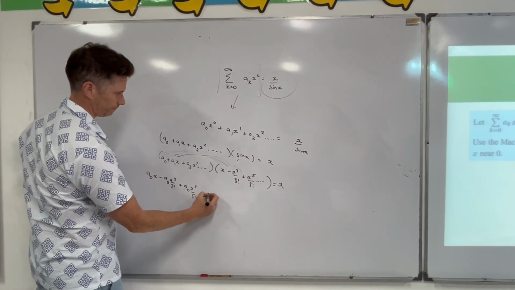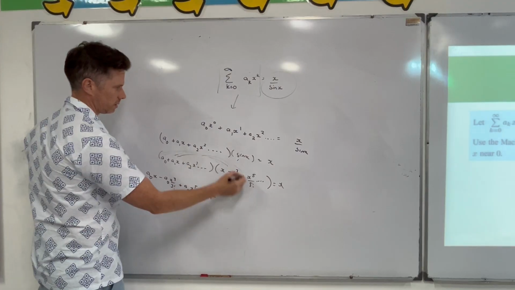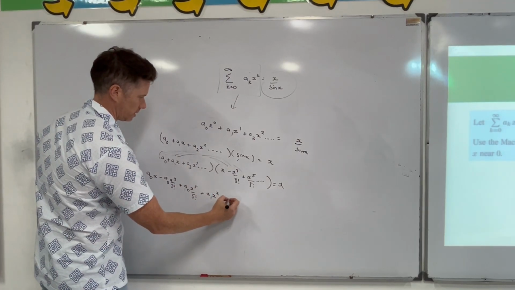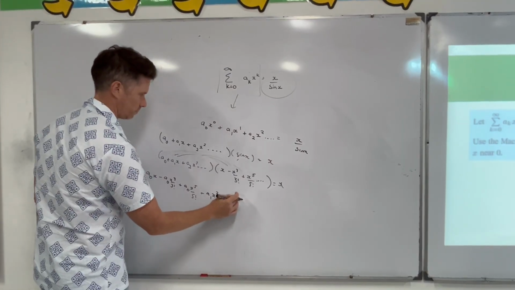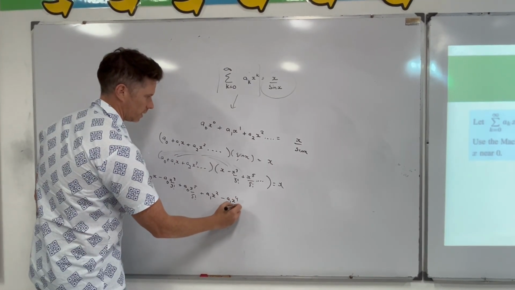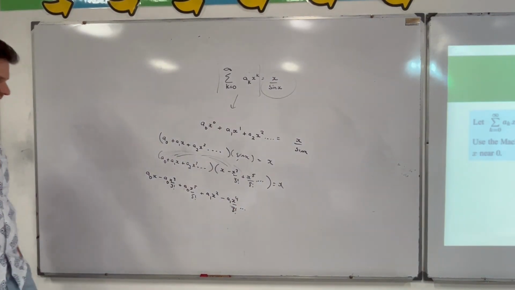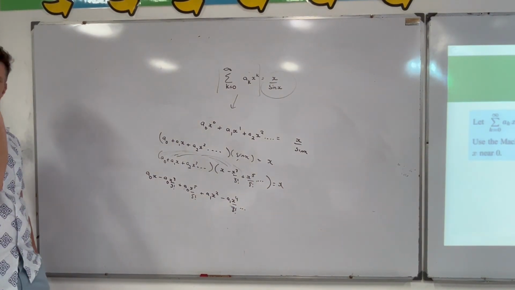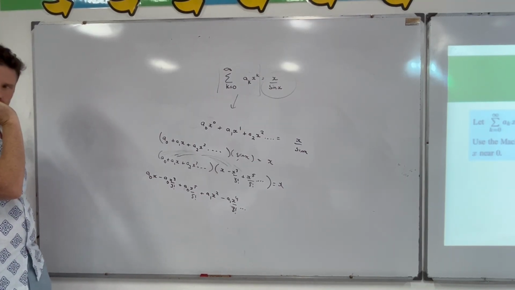Plus A1 x squared, yes. Minus A1x cubed over 3 factorial. Can anyone see there is some sort of pattern?